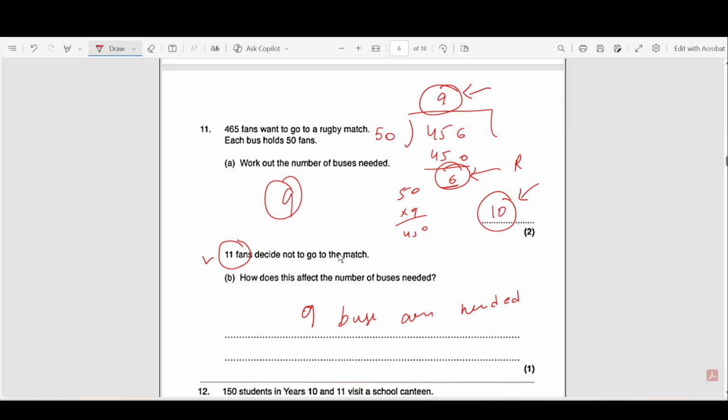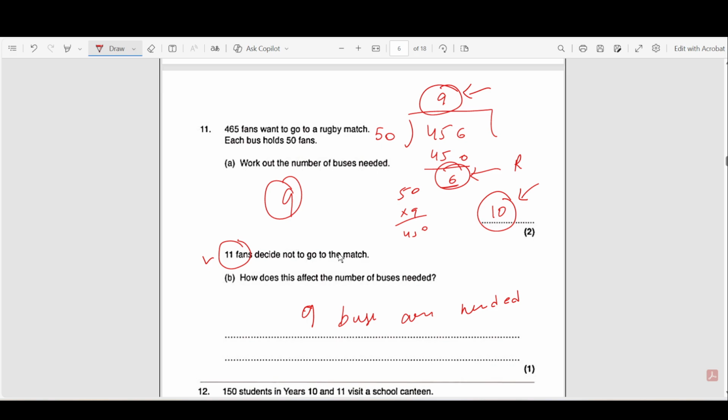So how is it affecting your answer? Basically the result shows 9 full buses are needed with 6 fans remaining. So an additional bus is still required for remaining fans.